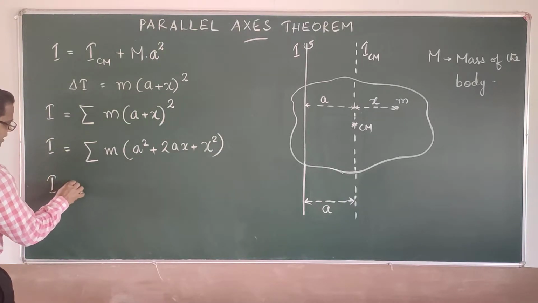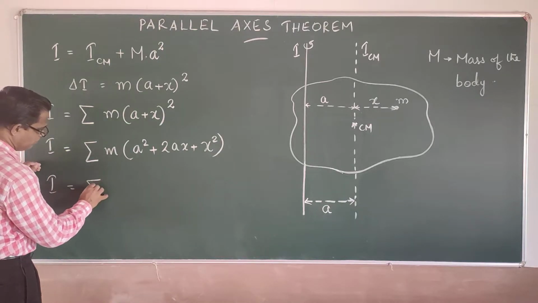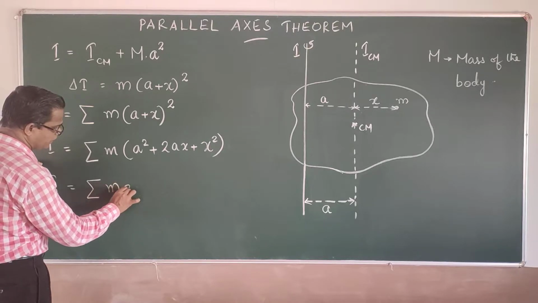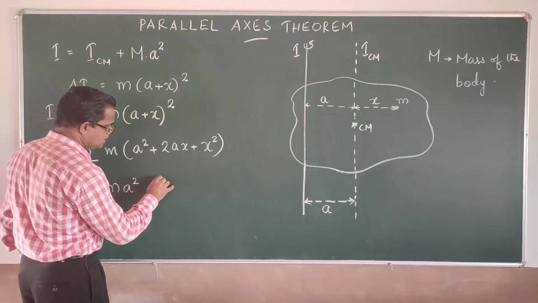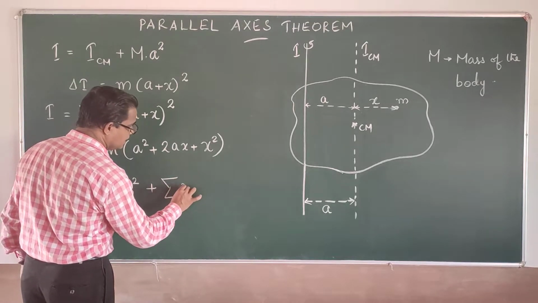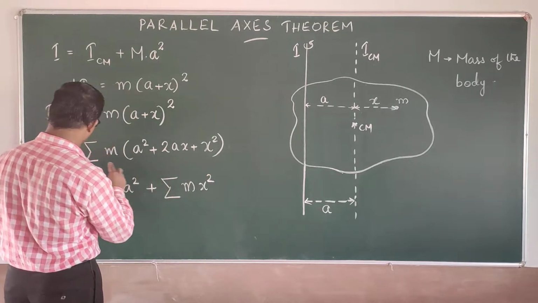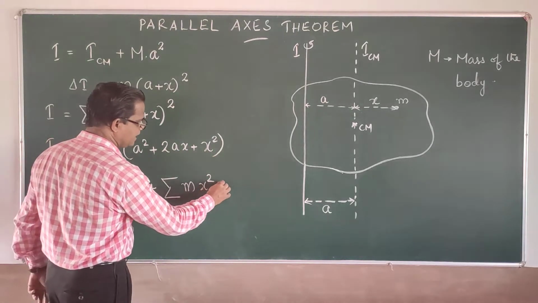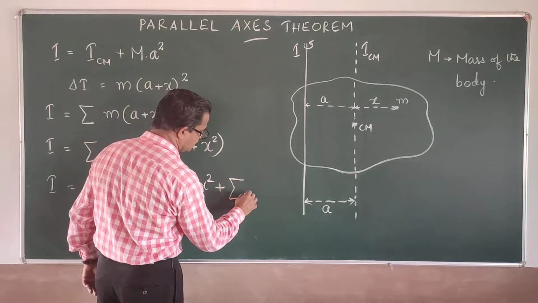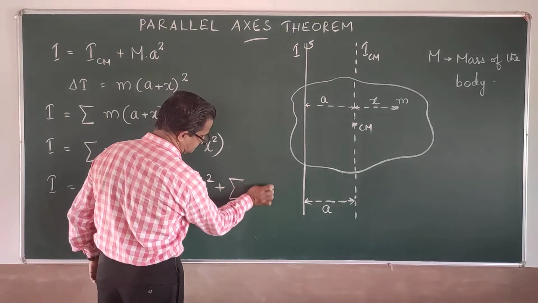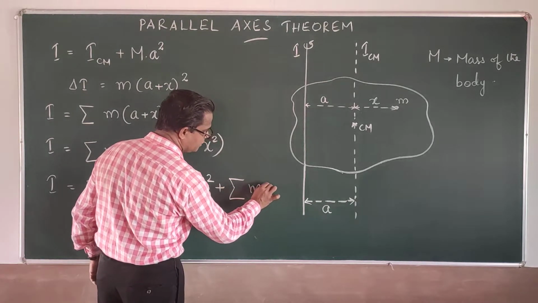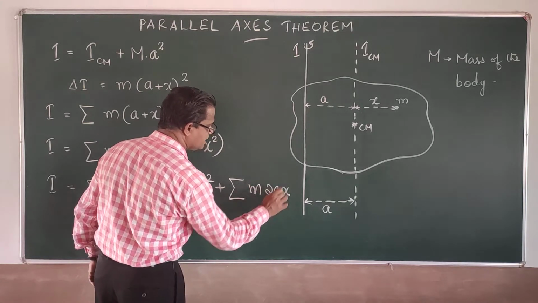Now this can be written as sum over m into a square, the first part, plus sum over m into x square, plus sum over m into 2ax.